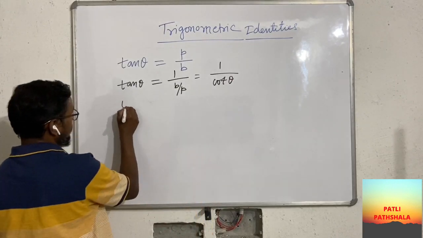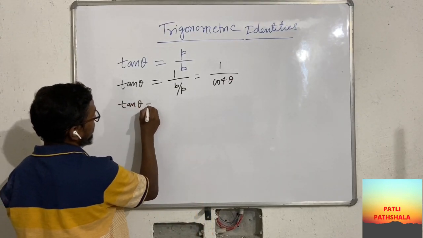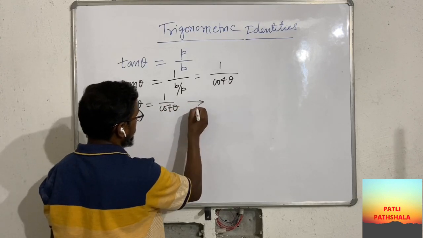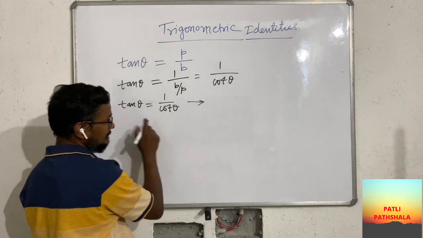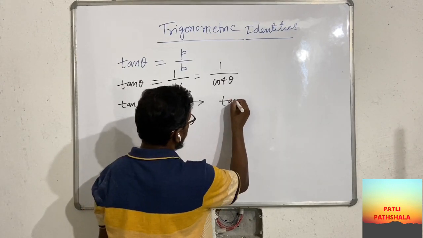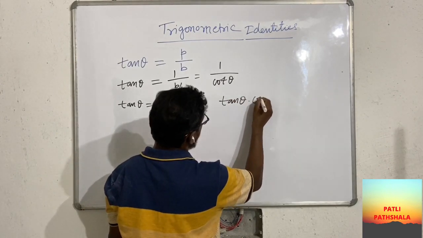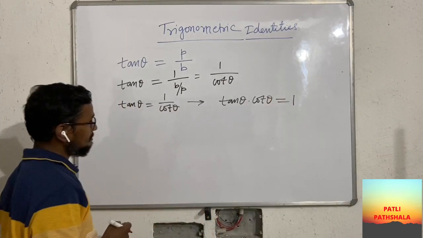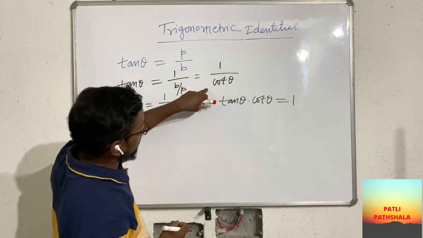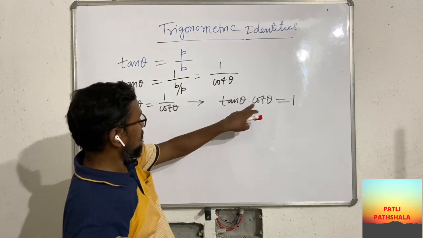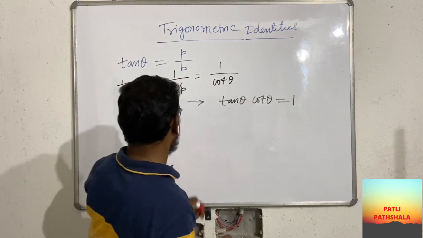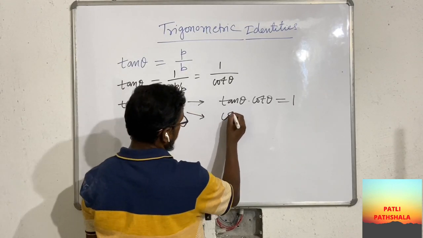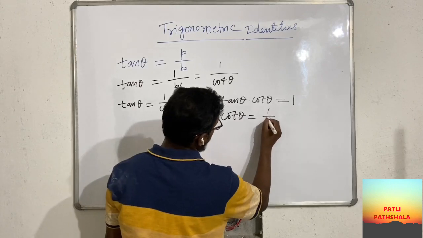Ultimately we got tan theta is equal to 1 by cot theta, and if we take cot theta this side, it will be in multiplication: tan theta into cot theta is equal to 1. So this is one more relation, tan theta is equal to 1 by cot theta, or tan theta into cot theta is equal to 1. Similarly, one more result we can write from there: cot theta is equal to 1 by tan theta.